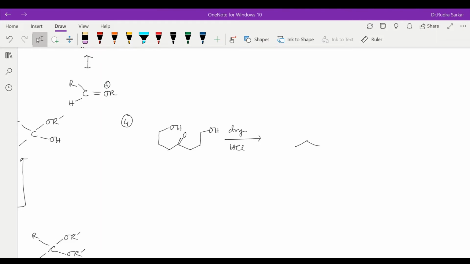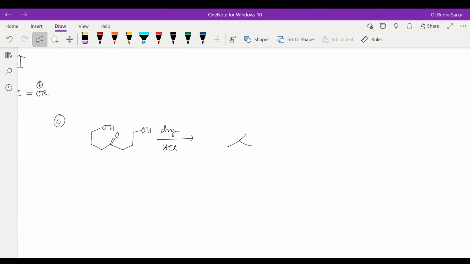Same thing, convert these to a geminal diol. Place the OH in such a way that you can take out water. Now you're trying to take out water. Okay, so how do you do it? Something like that. Again you take out water, something like that.